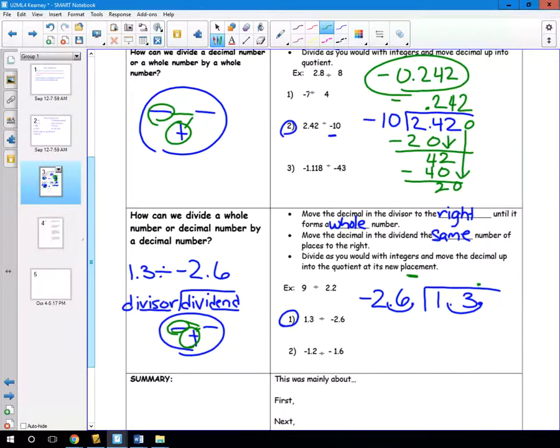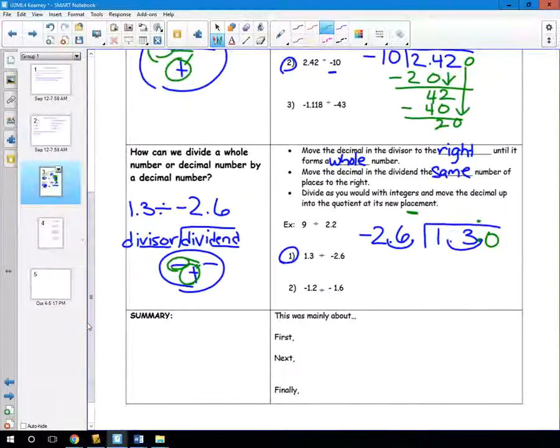Does 26 go into 13? No. Move the decimal here. We add a 0. Does 26 go into 130? I don't know. So maybe we might have to work that out. So let's work it out down here. 26. Let's take 26 times 5.